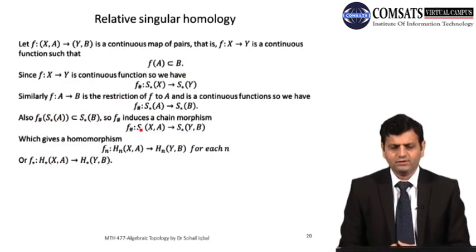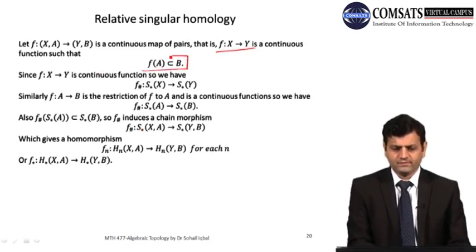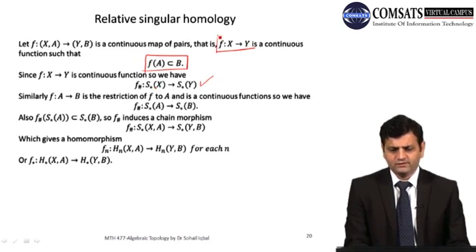Now if we have a continuous map of pairs, when we say that we have a continuous map between two pairs of topological spaces, it means that f is a continuous function from X to Y and f of A is contained in B. So now if we have this continuous map of pairs, then because we have a continuous function from X to Y, we must have this map between these two chain complexes.